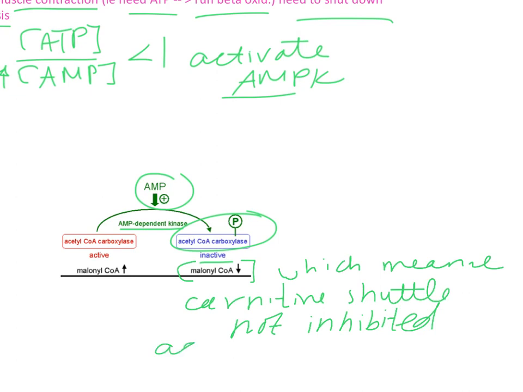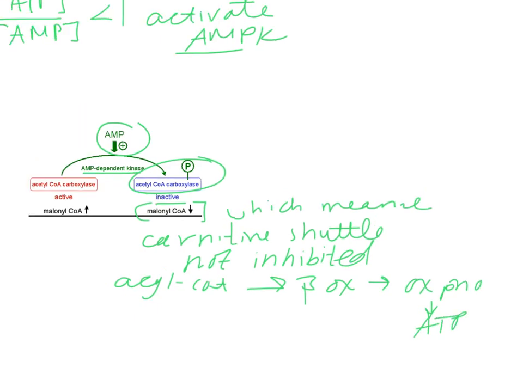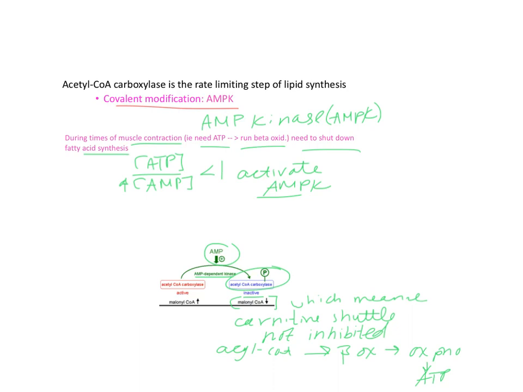So the acyl-CoAs get transported across into the matrix and undergo beta oxidation, which eventually gives a whole bunch of electrons to run oxidative phosphorylation, which of course gives you ATP, and that's how you get your ATP from muscle contraction. And so the opposite of all of this is also then true.